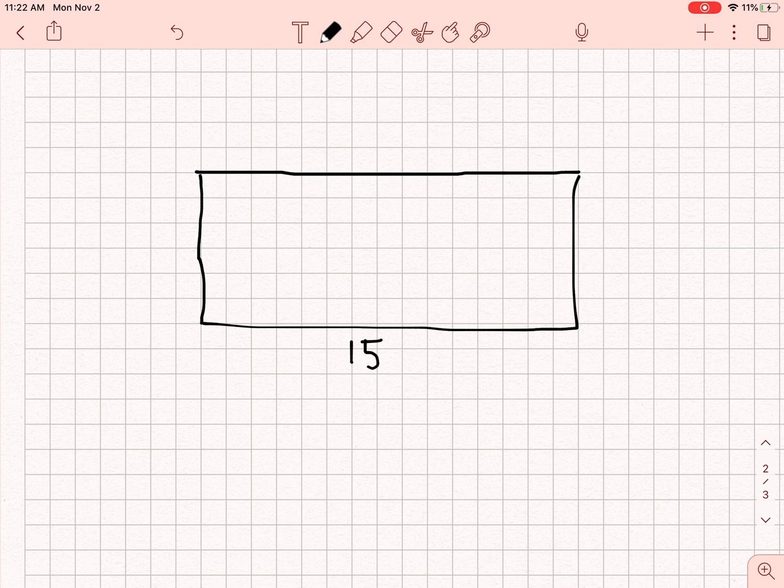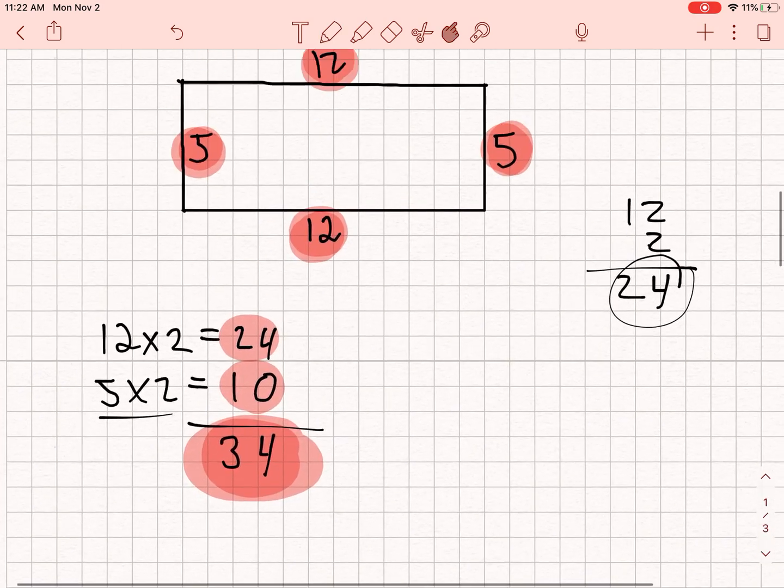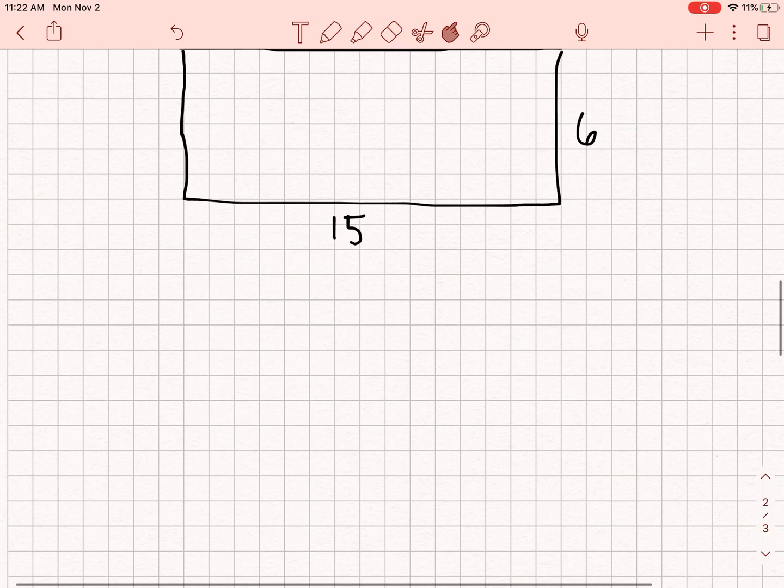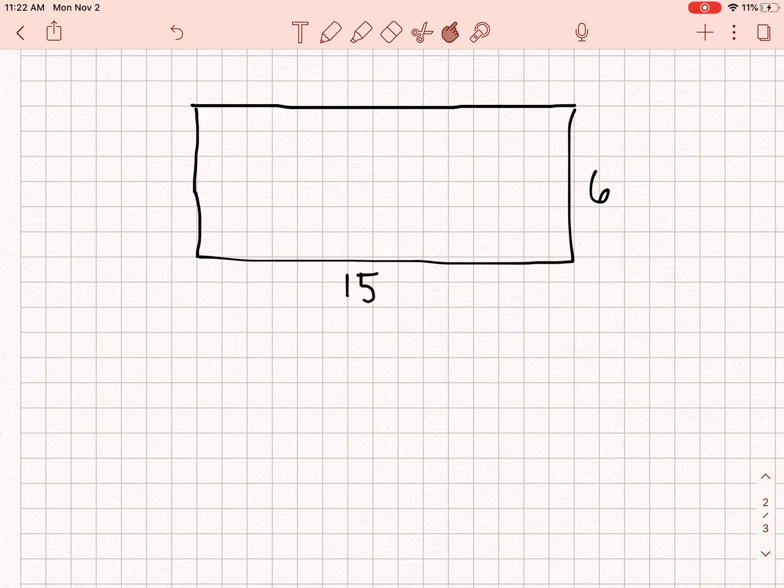And the height here, or the length, if you want to call it that, is 6. So remember that equation is going to be the base or the width times 2 plus the height or the length times 2, just like we did in this last example. So go ahead and repeat those steps on your own. Pause if you need to. And I'll go ahead and solve when I'm done, and we'll see how you did.